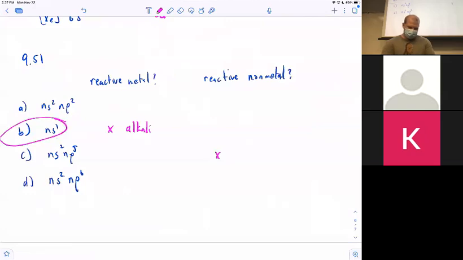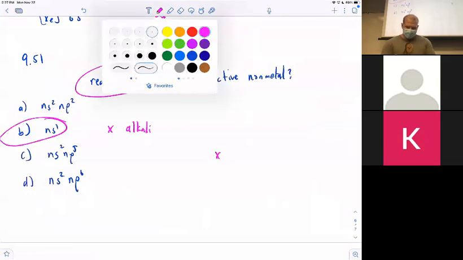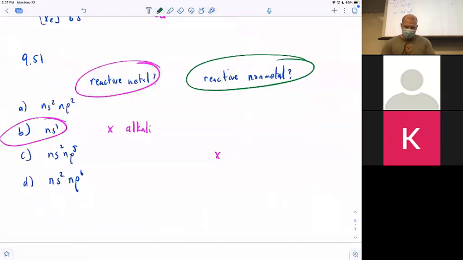I'll circle that one, reactive metal, reactive non-metal. But this one, not surprisingly, is a halogen. They can form salts. That was just one of the questions, but okay, I'll cover that.